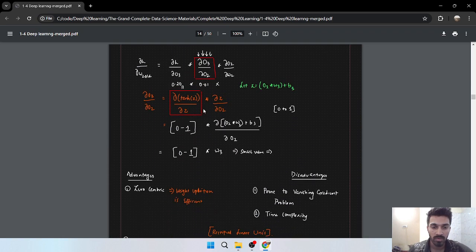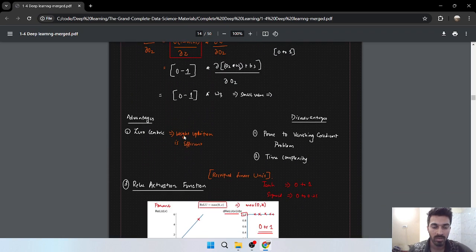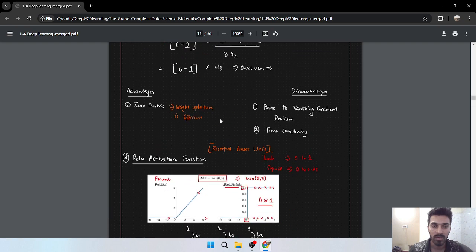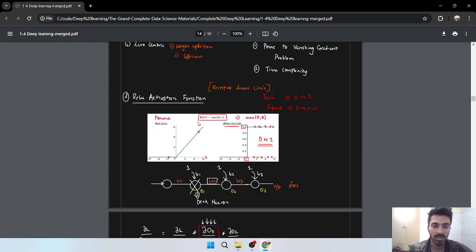Tanh solves the zero-centered problem, but it still has the vanishing gradient problem and high time complexity, so that's why we don't use tanh. For 99% of cases we will use the ReLU activation function in between the layers of our model.